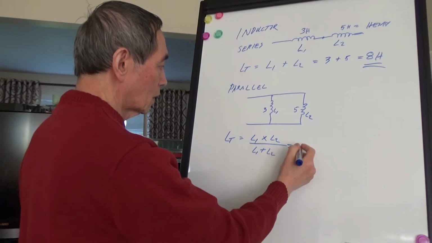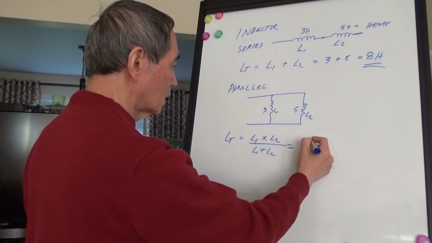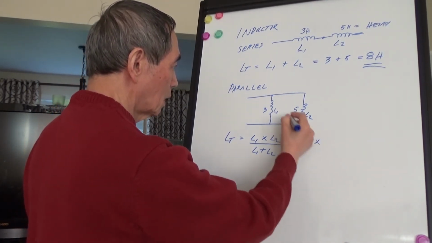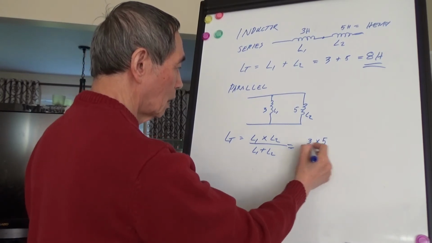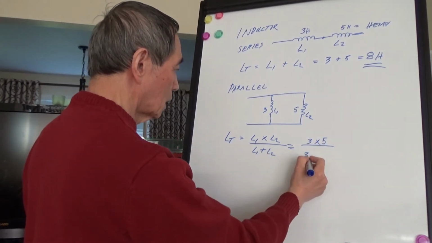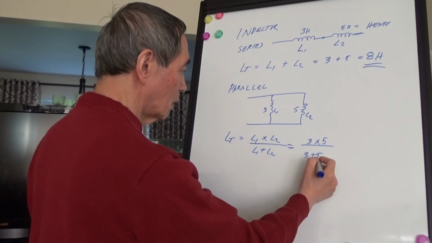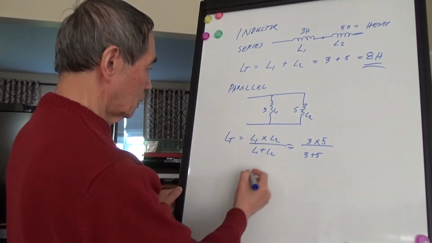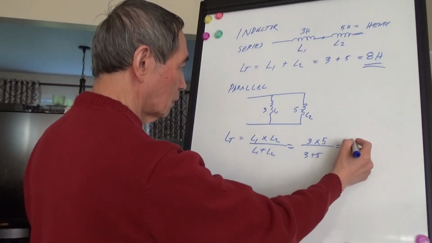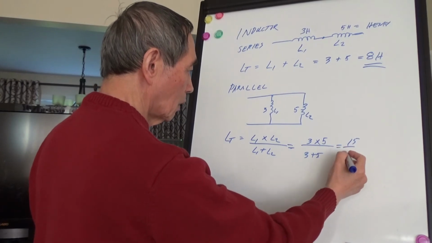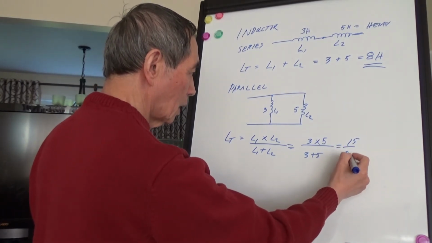So it would come up to be 3 times 5 over 3 plus 5, equal 15 over 8.